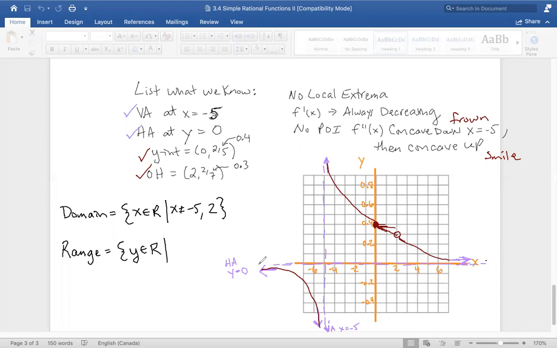So this function actually is never going to hit y equals 0, right? So it won't hit y equals 0. The function will never cross it. And where else? Well, if I have an open hole here at an x value of 2, I also have a y value, right? That y value is never going to actually be going through 0.3. Or you could say, 2/7 to be more exact.